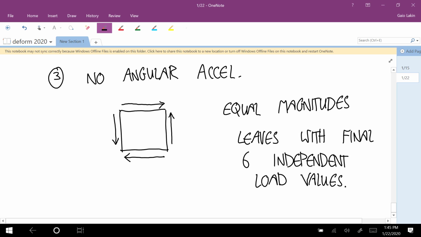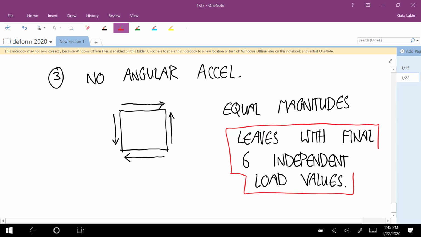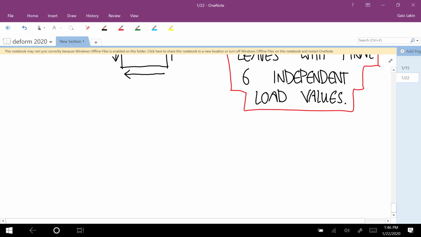Okay, so let's look at the naming for those. So these 6 values are the stress tensor. We haven't discussed the format of it yet, but these are the values that we're going to be keeping track of to represent how much internal loading there is at a single point. So now here are the elements of the stress tensor.